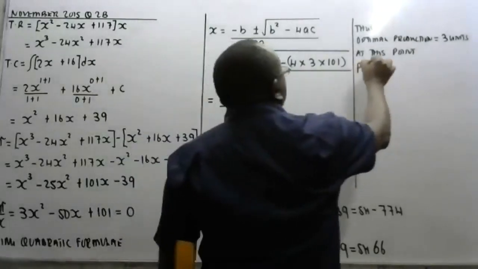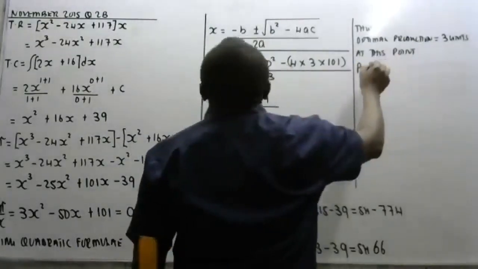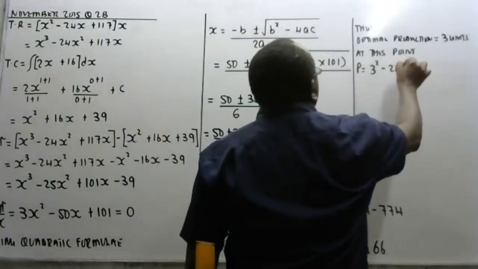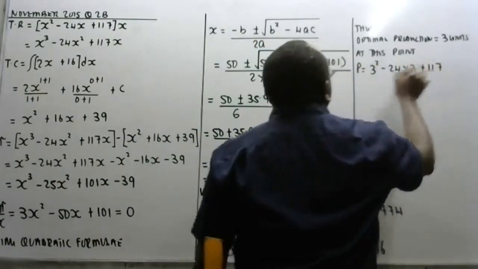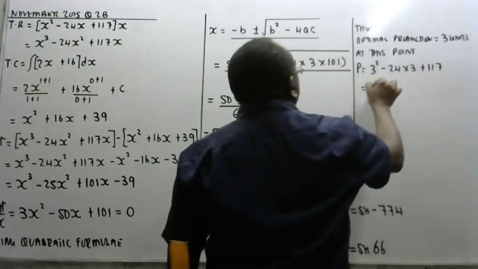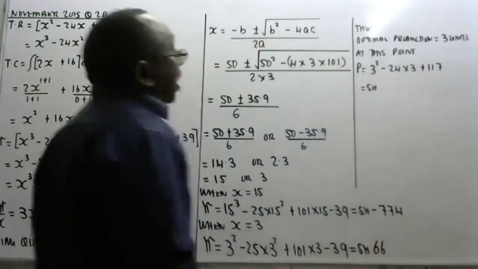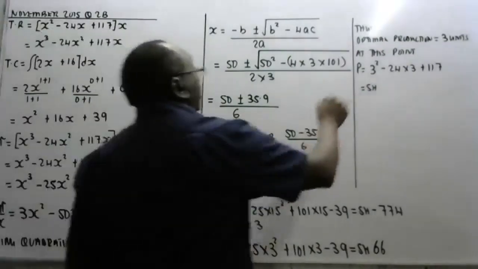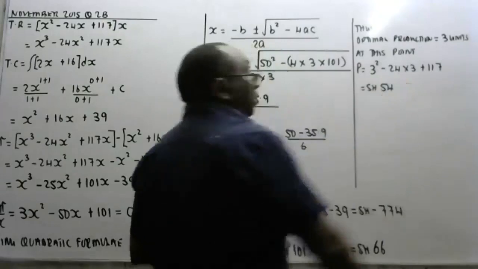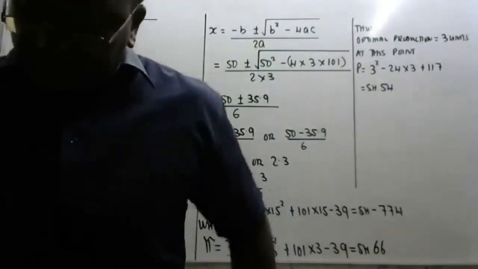So it is 3 squared minus 24 times 3 plus 117. So I think we have answered the question fully.